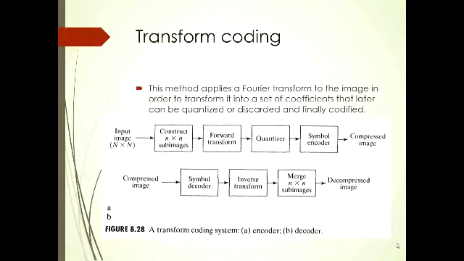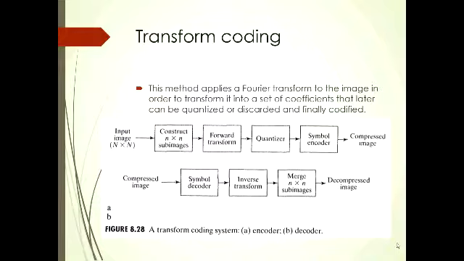Now, transform coding. This method applies a transform to an image, and the coefficients obtained from the transform are quantized or discarded, and then they can be codified or compressed. And they work both ways. We have an input image, we have a transformation, a Fourier transform that we will quantize and then encode to compress an image.